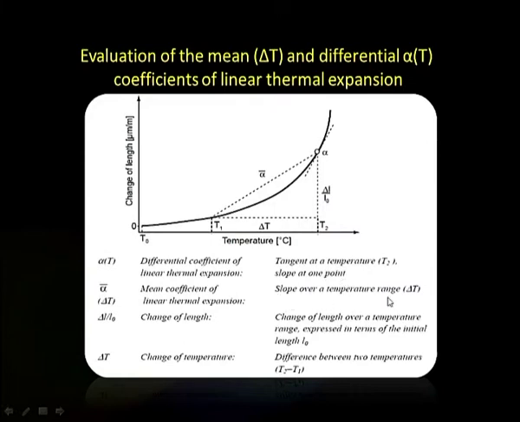Slope over a temperature range is delta T, and change of length over a temperature range expressed in terms of initial length L0, and the difference between the two temperatures is represented as T2 minus T1. The coefficient of linear thermal expansion may be recorded as the mean alpha bar delta T or differential alpha T.